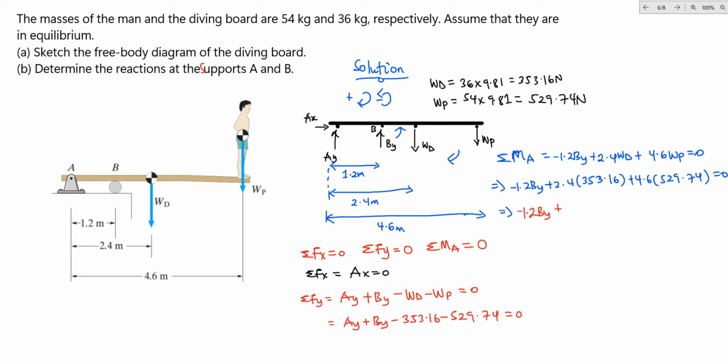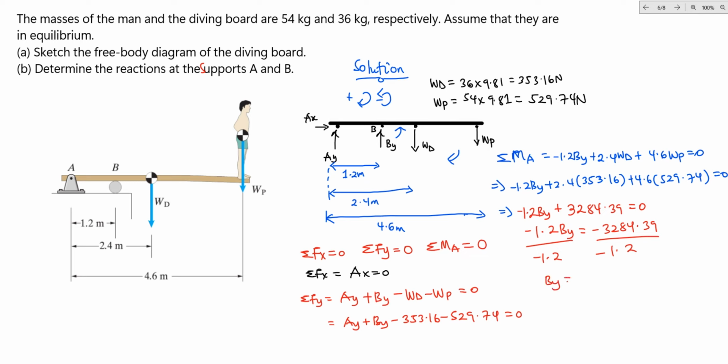That will give us a value of 3,284.39, which will be equal to 0. Let's take that value to the right hand side, so we have 1.2 By equals minus 3284.39. Now let's divide both sides by minus 1.2.